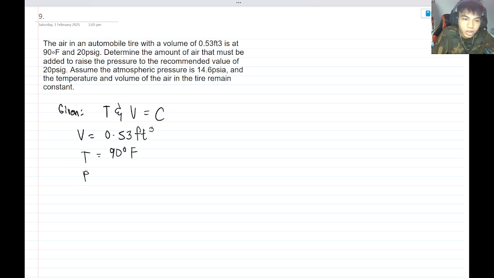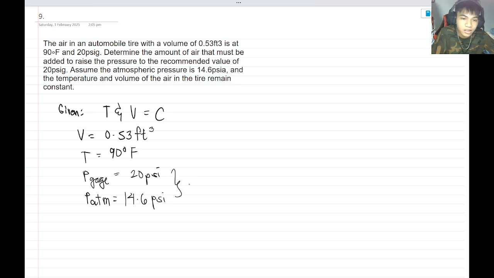And our gauge pressure is 20 psi. And then our atmospheric pressure is 14.6 psi. Together, we just add these. We have 34 points. Our absolute pressure would be 34.6 psia.